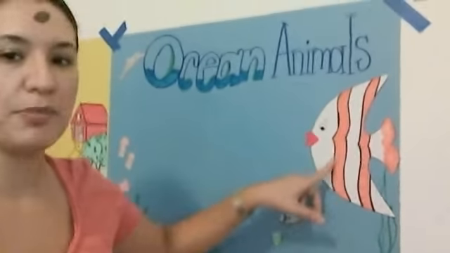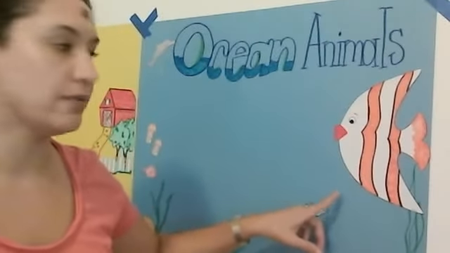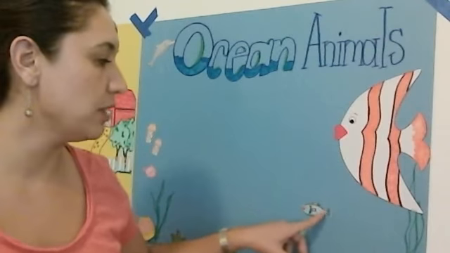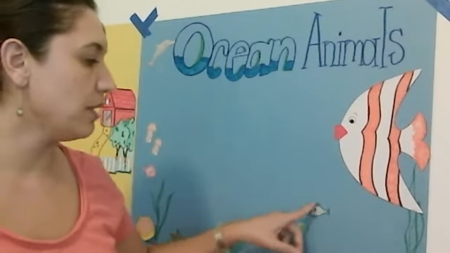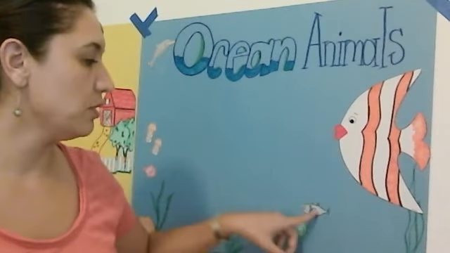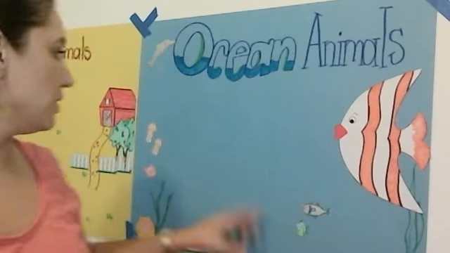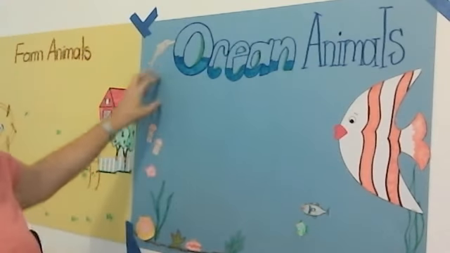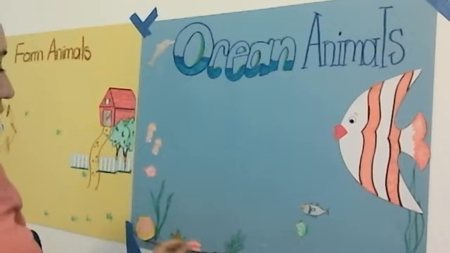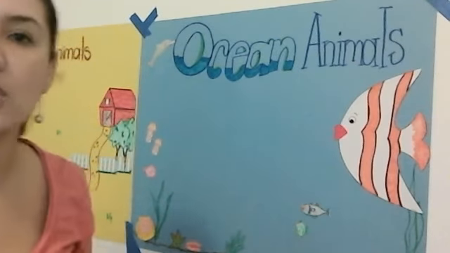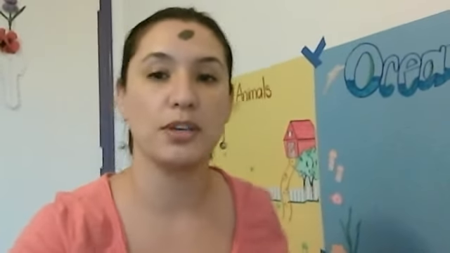And so the other animals that need to live in this environment also need to have similarities to fish. So I have another fish here already set on the ocean that has fins and a tail, different fish with fins and a tail. And I have different kinds of animals also glued to the ocean, depending if I'm going to differentiate at a higher level or I'm just going to keep it basic.